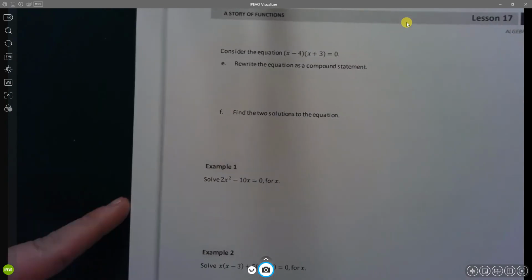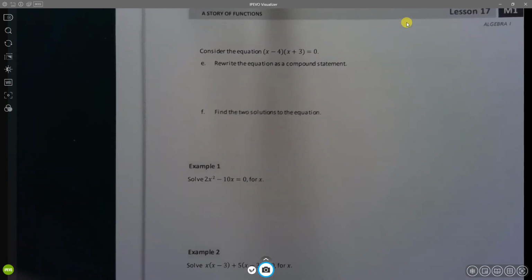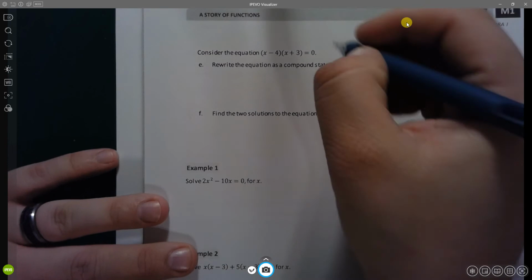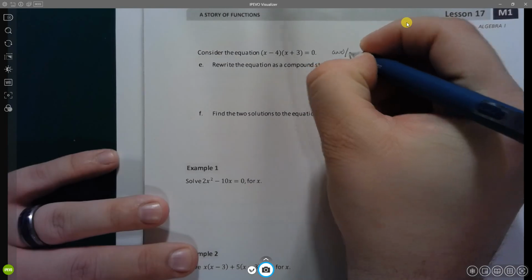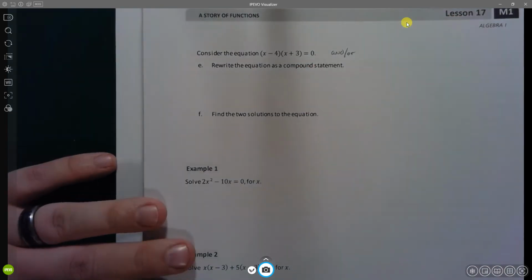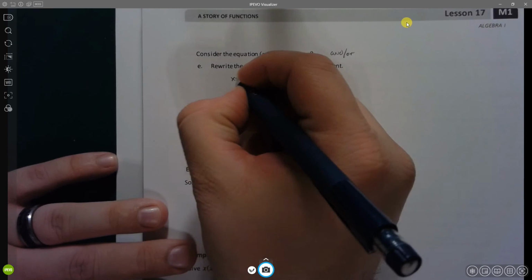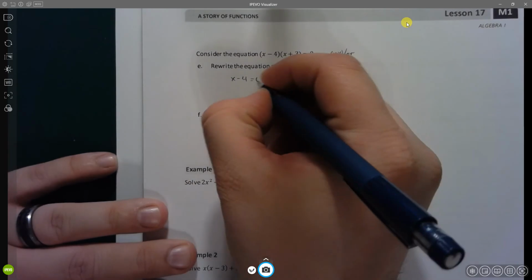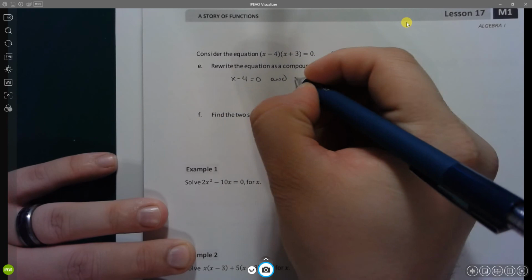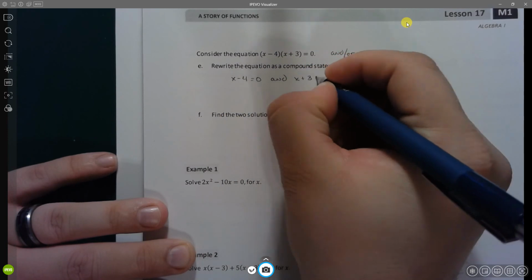Now, consider the equation x minus 4 times x plus 3 equals 0. Rewrite the equation as a compound statement. Compound statements use the words and or. So, in this case, x minus 4 equals 0 and x plus 3 equals 0.